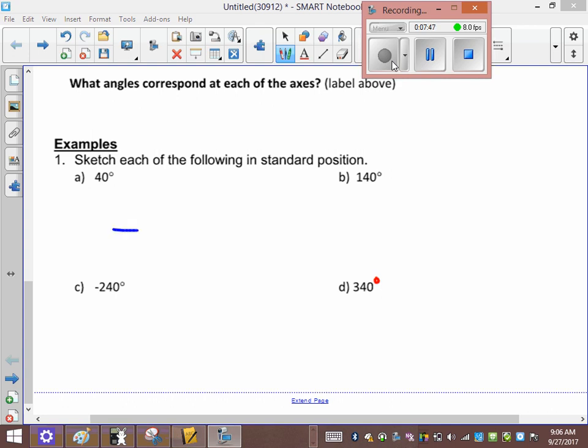I would suggest that you label your axis because that makes life a lot easier. So 0, 90, 180, 270, 360. So 40 falls between 0 and 90. 45 is halfway in between, right? Because every single one of these angles are 90. So 40 is a little bit less. So we're going to go from here to a little less than 40. Or almost, it looks like 45. But pretend it's not.